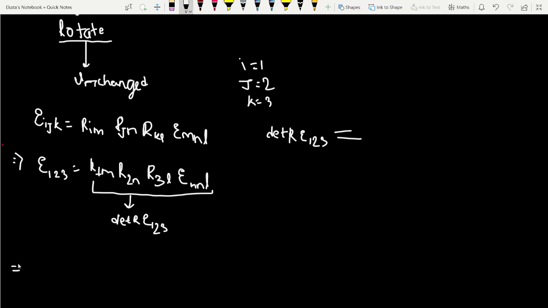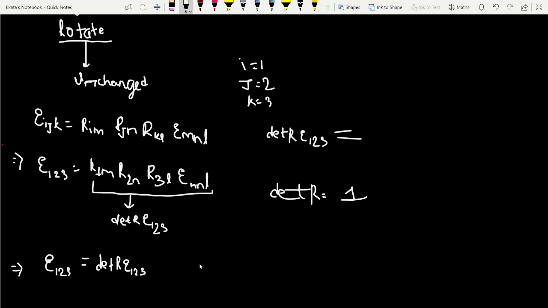After writing this, we get that epsilon naught 1, 2, 3 can be represented as the determinant of R times epsilon naught 1, 2, 3. And if you remember, another property of rotation matrices is that the determinant of a rotation matrix is equal to 1.